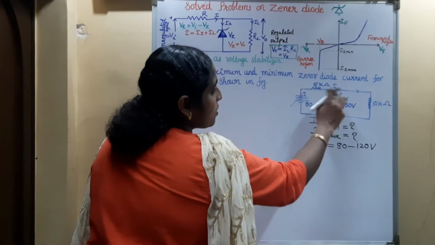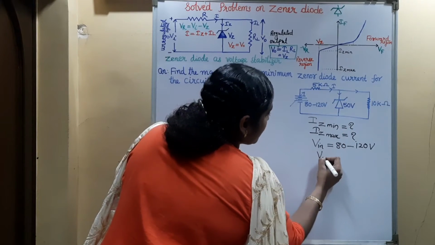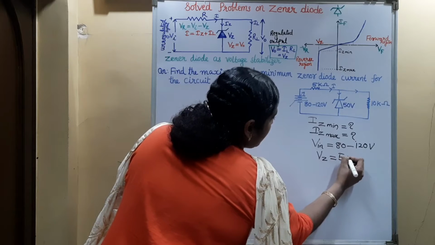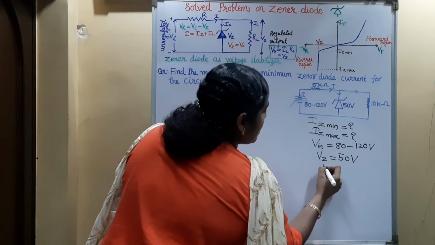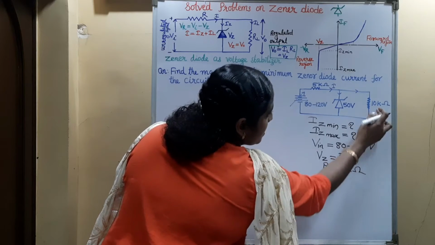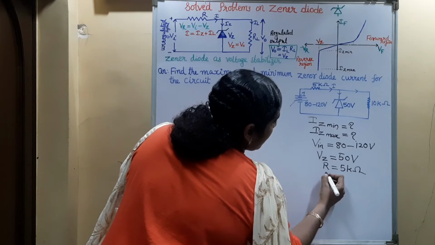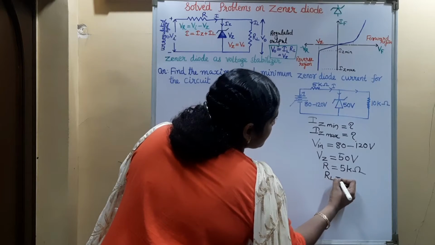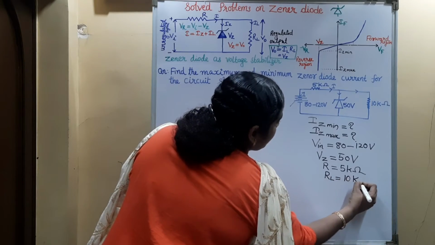It is applied across the Zener diode with the Zener voltage 50 volt through a series resistance of 5 kilo ohm. The output is given across a load resistance, that is 10 kilo ohm.